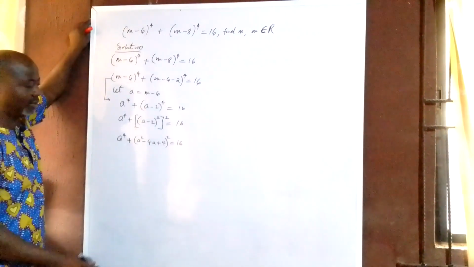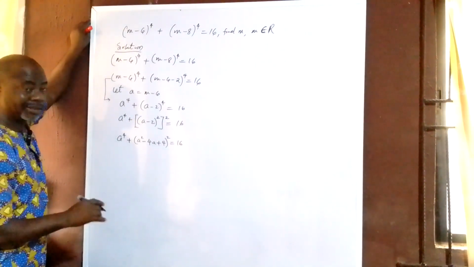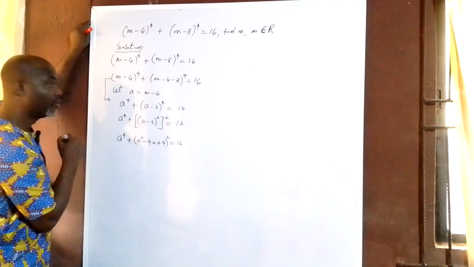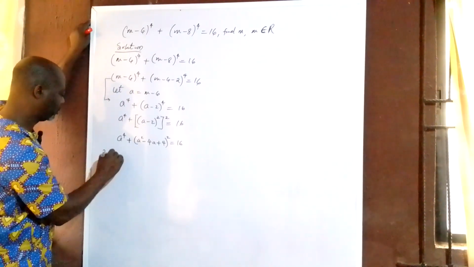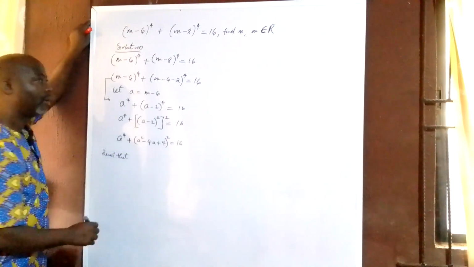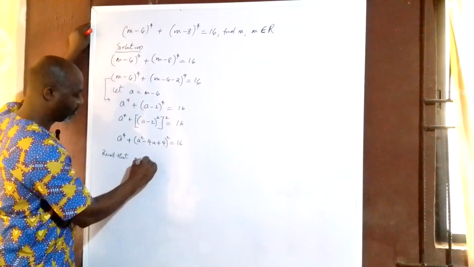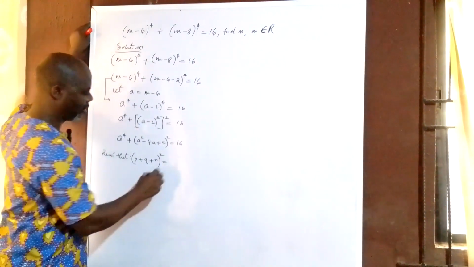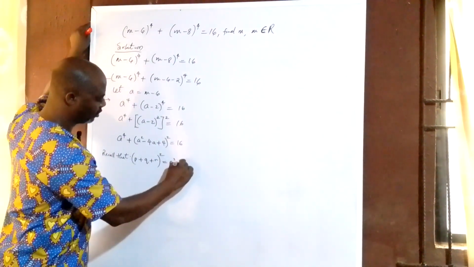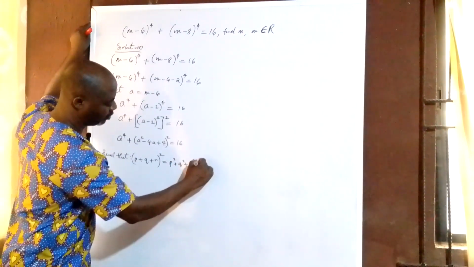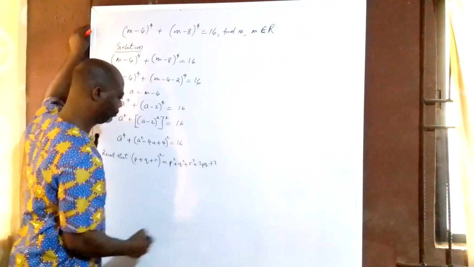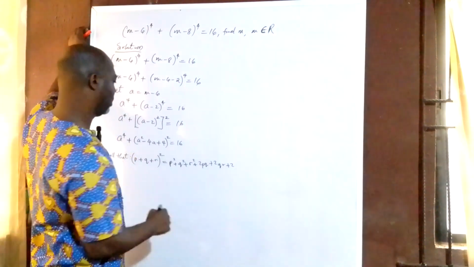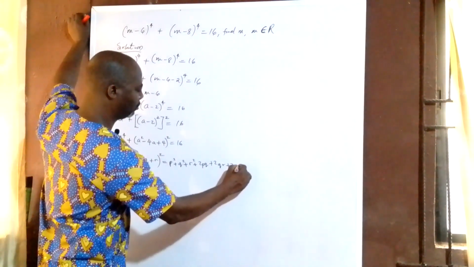So I'm going to use an identity to solve this expansion. Okay, the identity I'm going to be using, recall that (p + q + r)^2 gives us p^2 + q^2 + r^2 + 2pq + 2qr + 2pr.